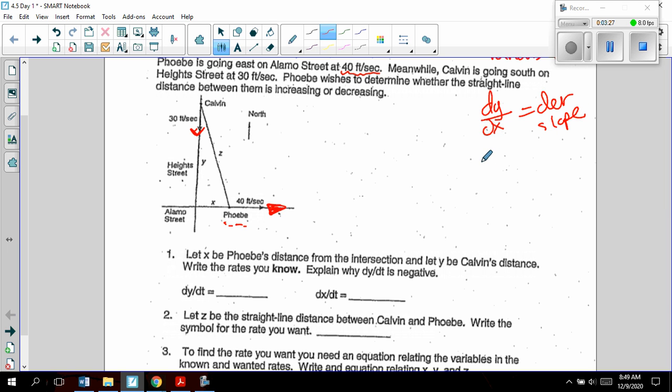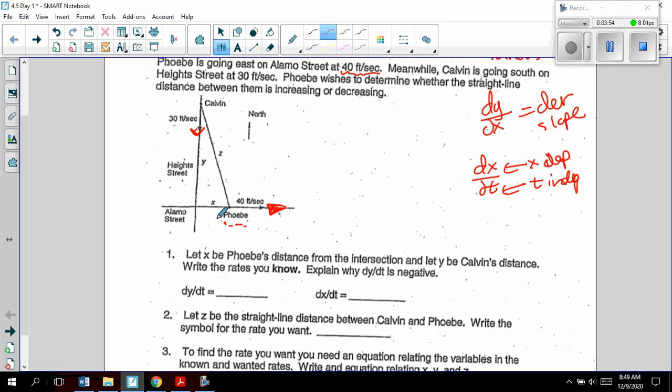The only thing that changes, if I look at dx/dt, is that now x is your dependent variable and t is your independent variable. So that's how the Leibniz notation sets up. The dependent variable is in the numerator, the independent variable in the denominator. And we said that time is now always your independent variable, so that's going in the denominator.